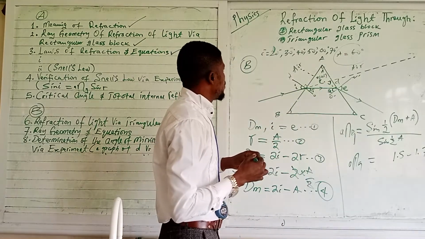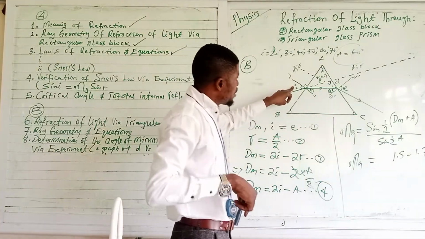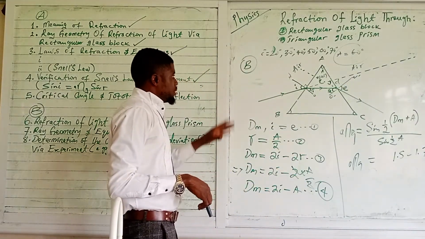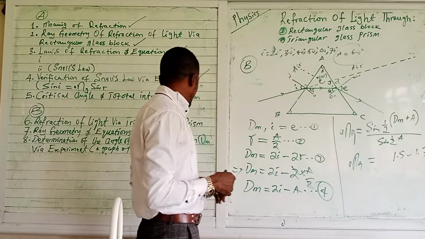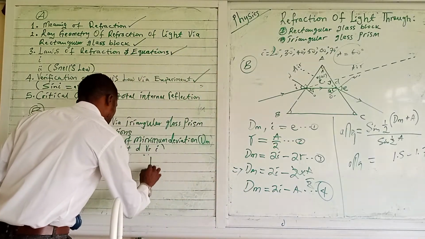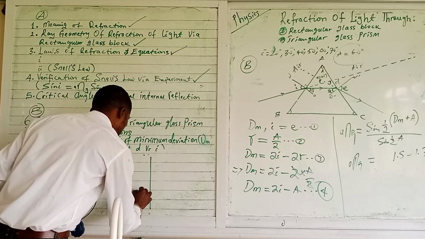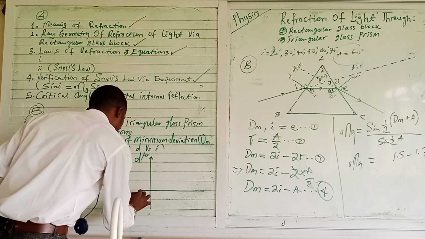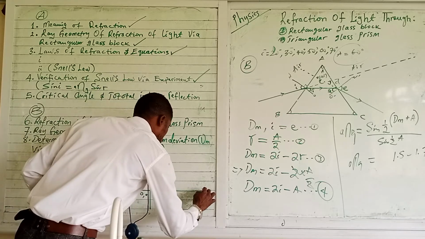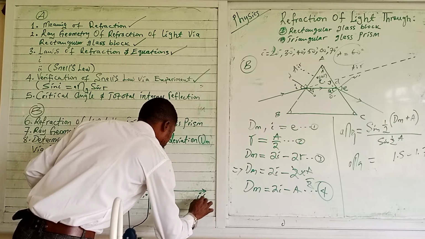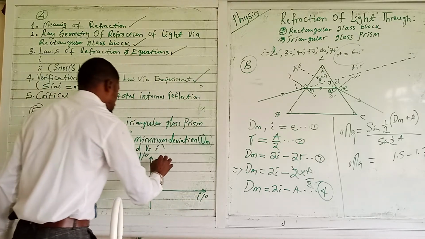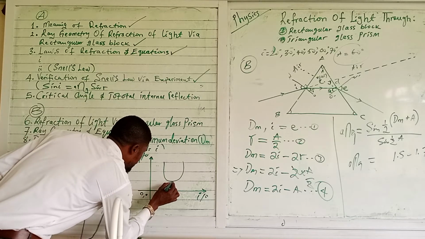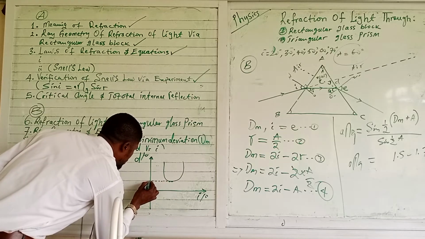At each value of I, you are going to have a different value of D. And so, you plot that graph and you will end up having something like this. A graph of D in degrees against what? I in degrees. Such a graph will look like a U-shaped graph where you trace this dot to this place.